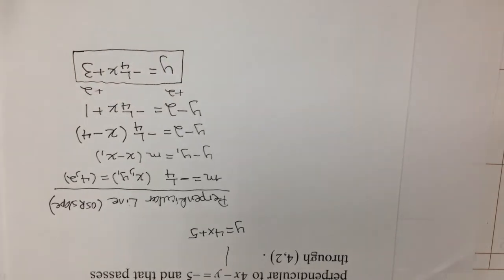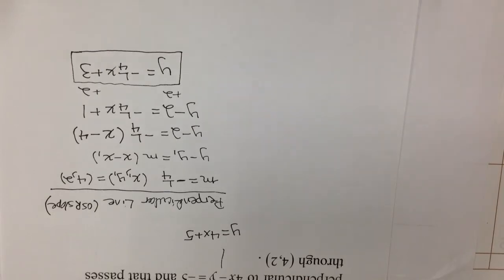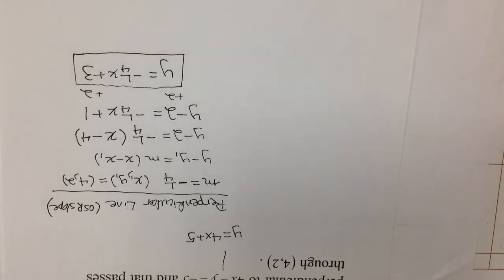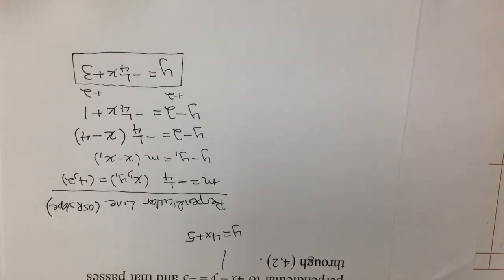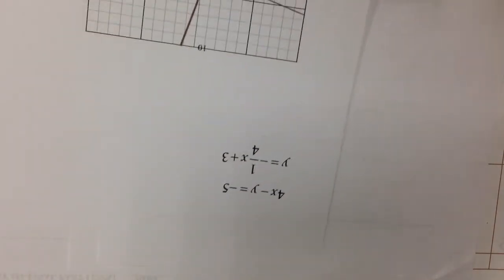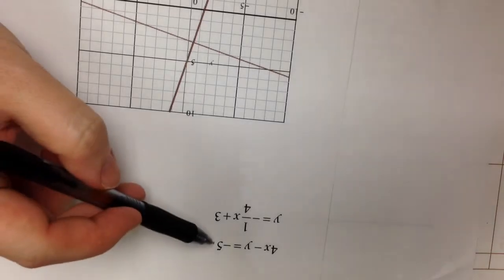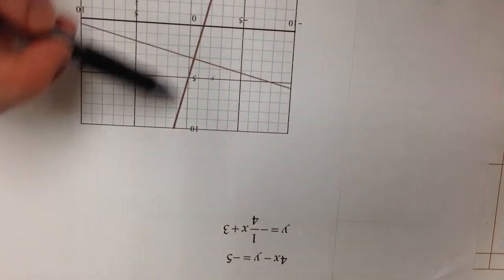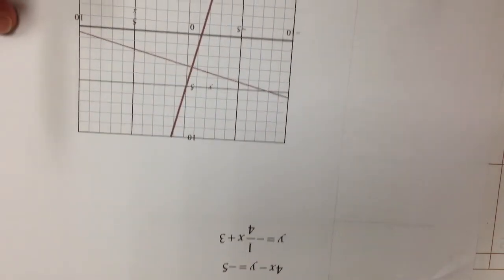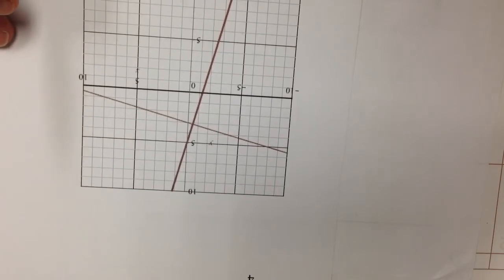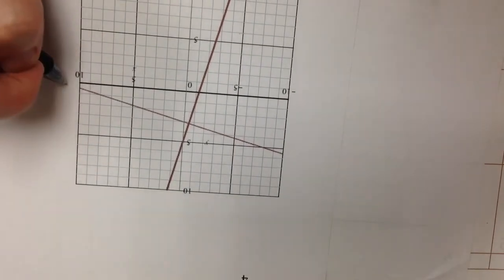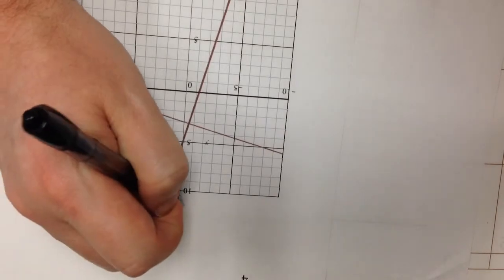And in terms of the illustration, we have the lines running perpendicular to each other. Again, our original line 4x minus y is equal to negative 5 goes upward as x transitions from left to right.